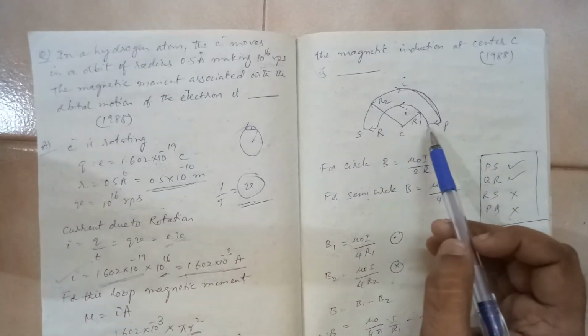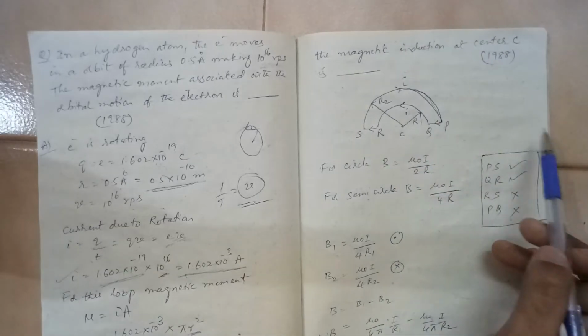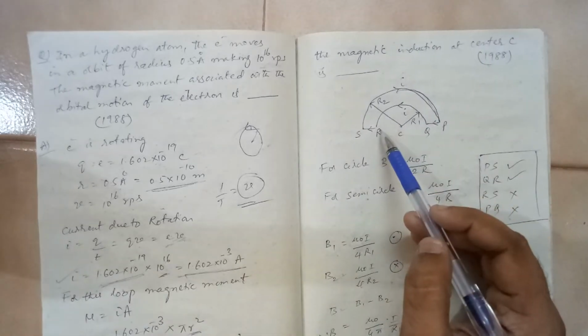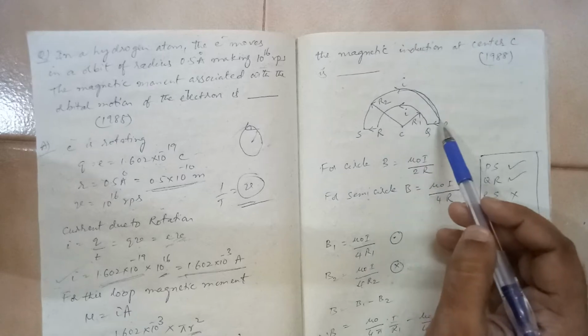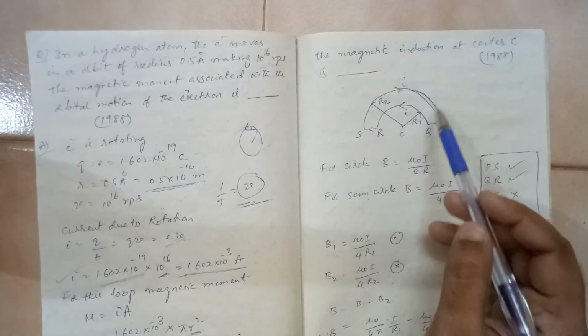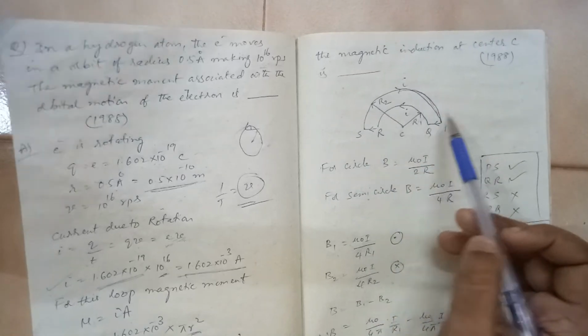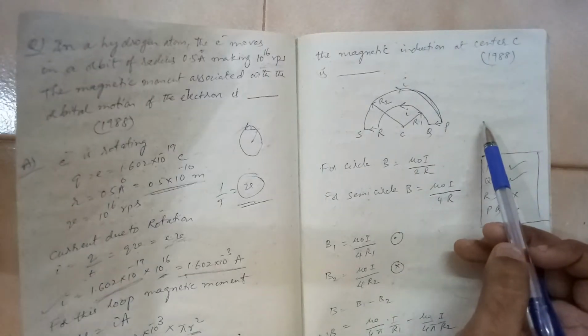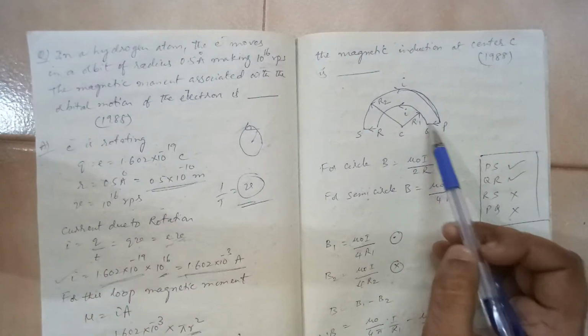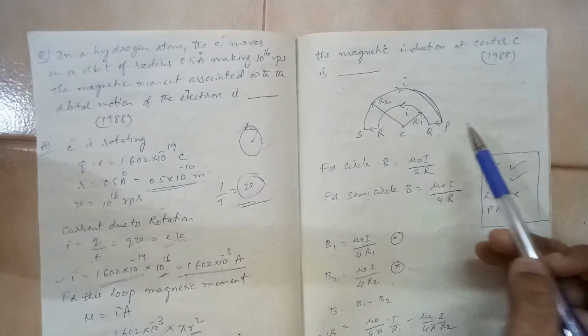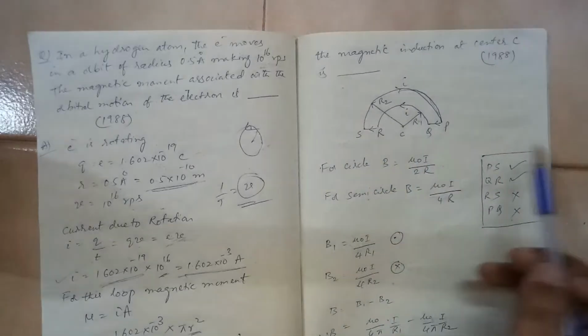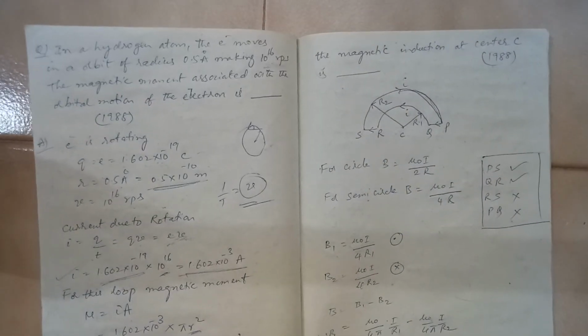Now here you see a semicircular wire is given. So this semicircle radius is R1. This semicircle radius is R2. R2 is greater than R1, and the current direction also is shown. PQ, QR, RS, and then back to SP.